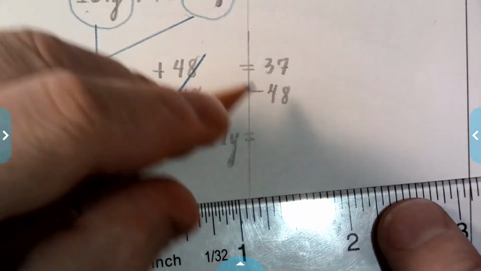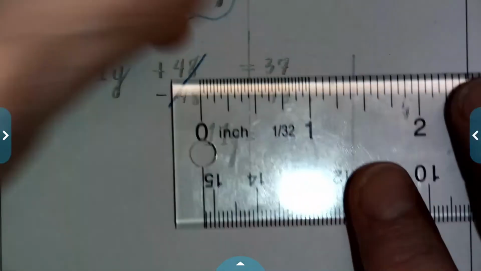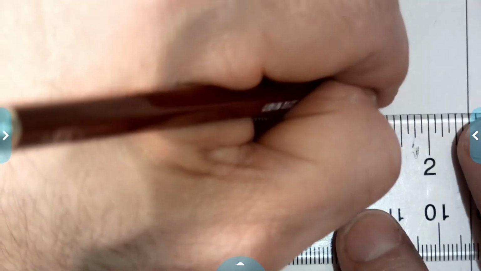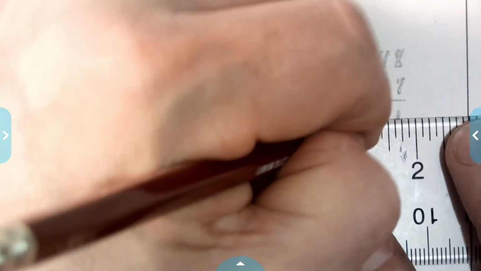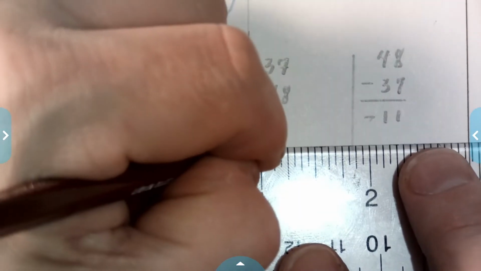Okay, and then in order to do this subtraction, I need to kind of flip this in side work, and go over here and say like, okay, 48 minus 37 and make the answer negative. Okay, so that's going to be negative 11.